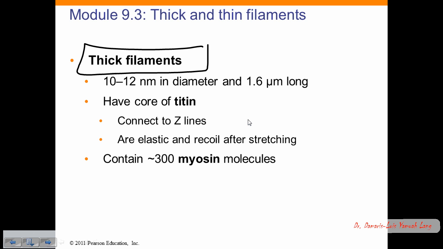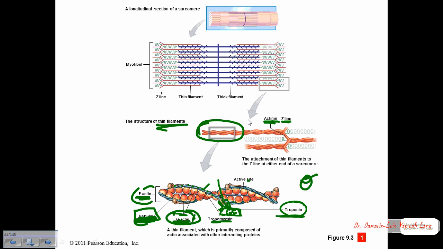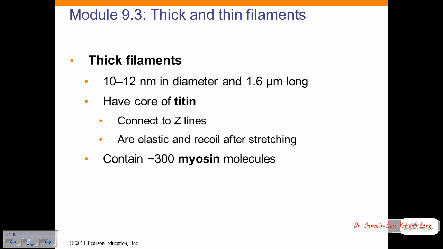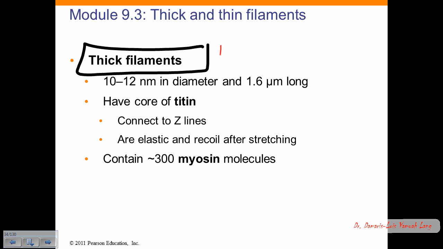Now look at the anatomy of it. So this is the thin filament. How does the thick filament look? A thick filament, of course, is made up of myosin molecules, but it also has these proteins we call titin.